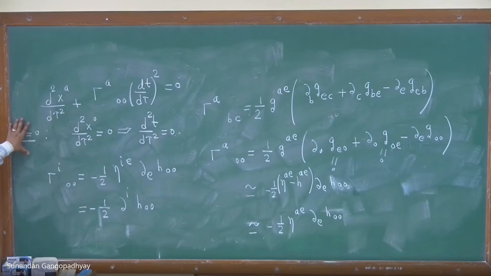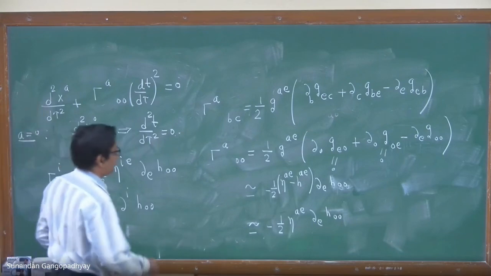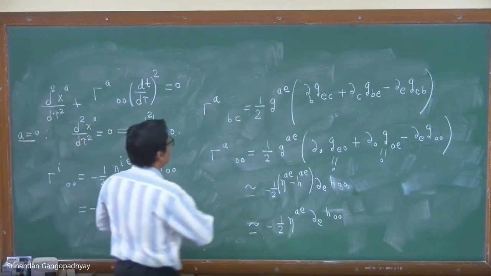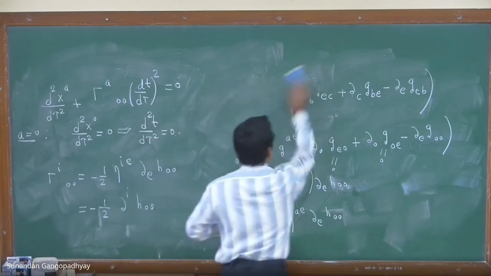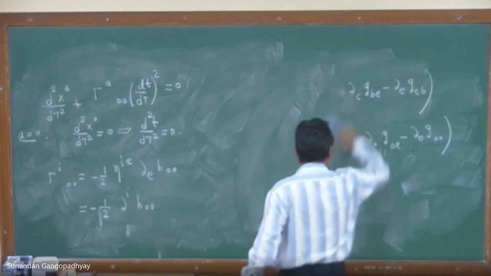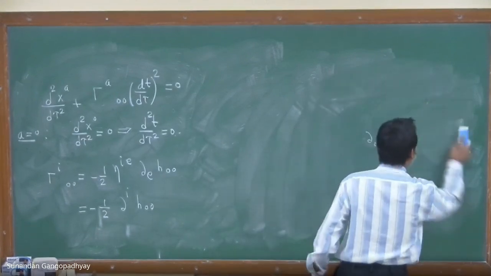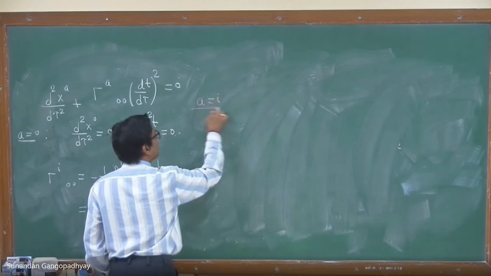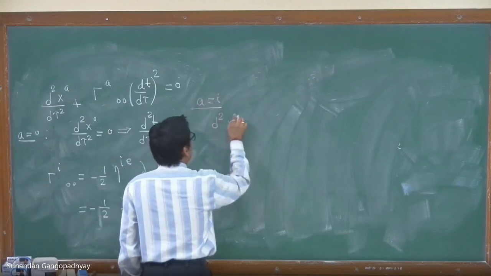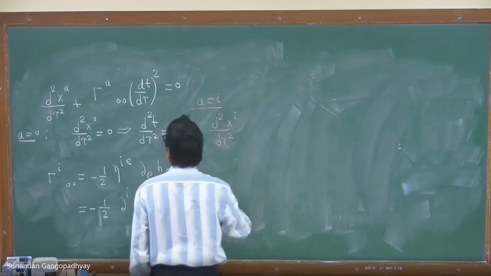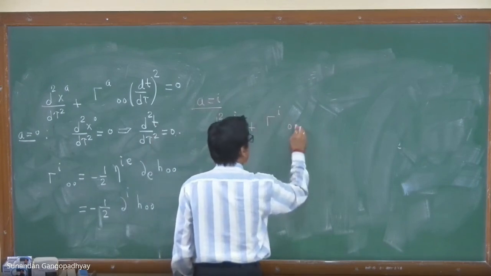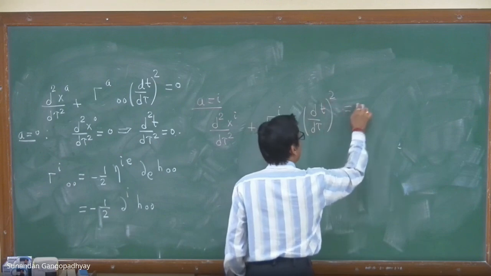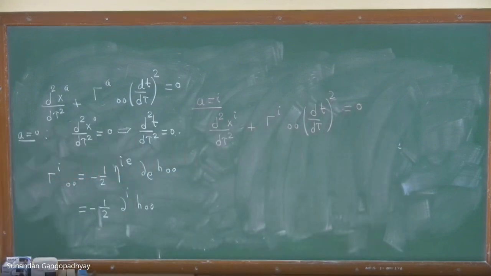This is what A equal to 0 gives. Let us now put A equal to I. If you put A equal to I, which is the spatial index, we shall get d2xI d tau 2 plus gamma I 00 dt d tau whole square is equal to 0.